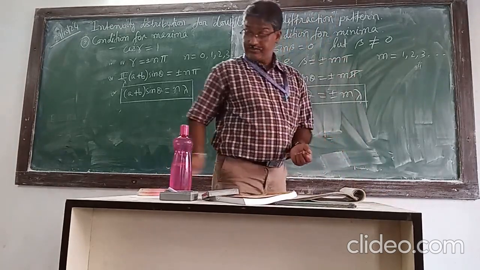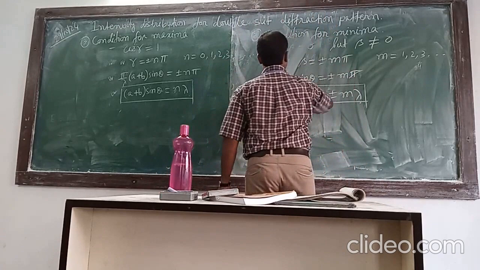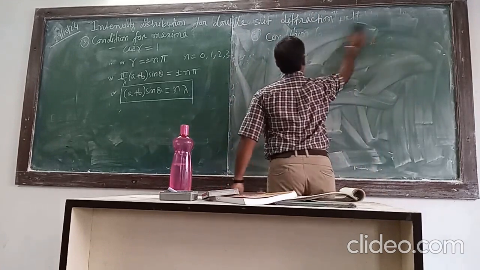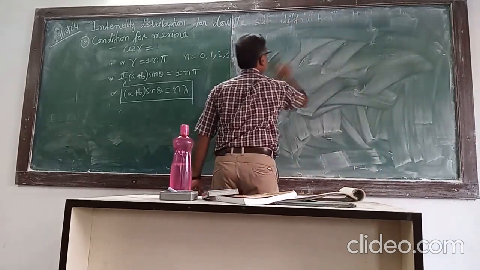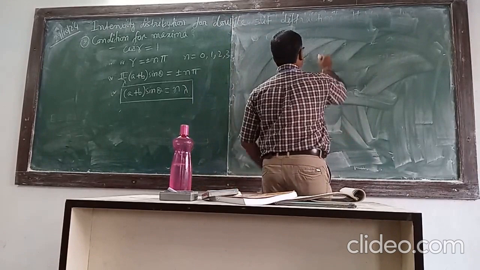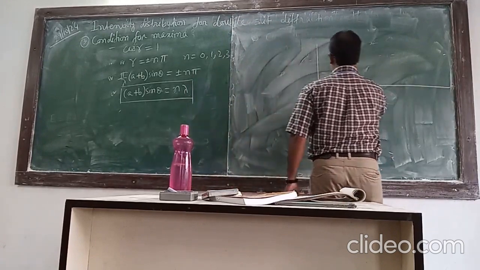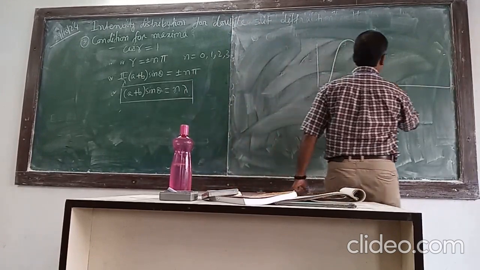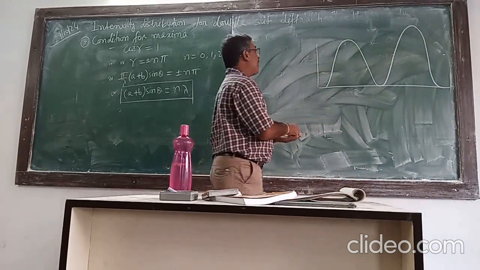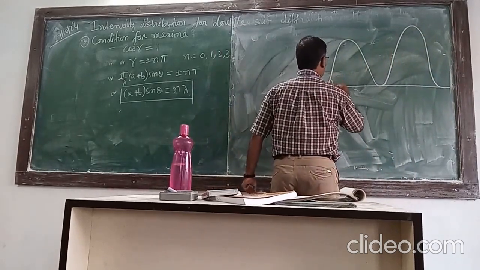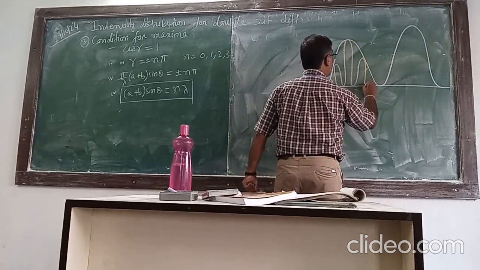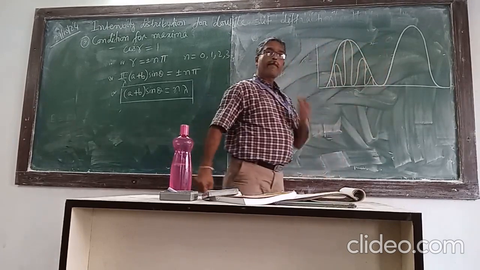So as I told you, if this is the diffraction pattern, inside this diffraction pattern there are a number of interference bright and dark fringes.